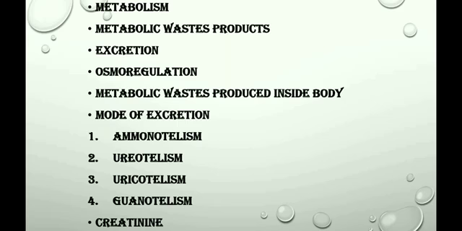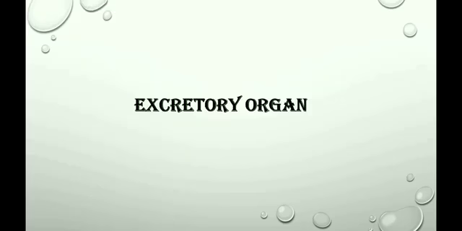In mode of excretion, we studied in detail about ammonotelism, ureotelism, uricotelism, and guanotelism. Then we studied details of creatinine. Today we'll start with excretory organ. As last time we stopped at the portion of excretory organ, so let's continue from here.